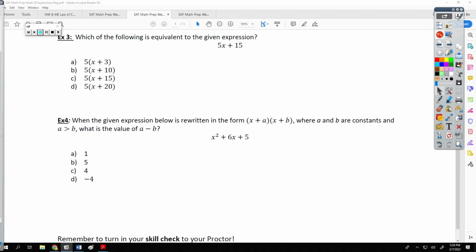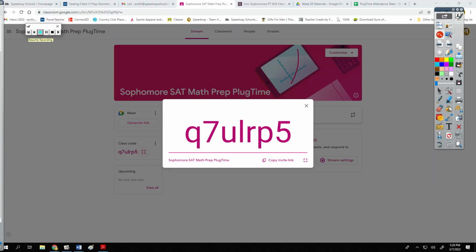We are going to get ourselves onto a laptop or a computer, either a Chromebook or a computer. We're going to go to Google Classroom, and all of you should join the classroom with the code that is on the board, Q7ULRP5. When you get logged in there under classwork, you will find the skill check for the week of March 7th, which is this week.